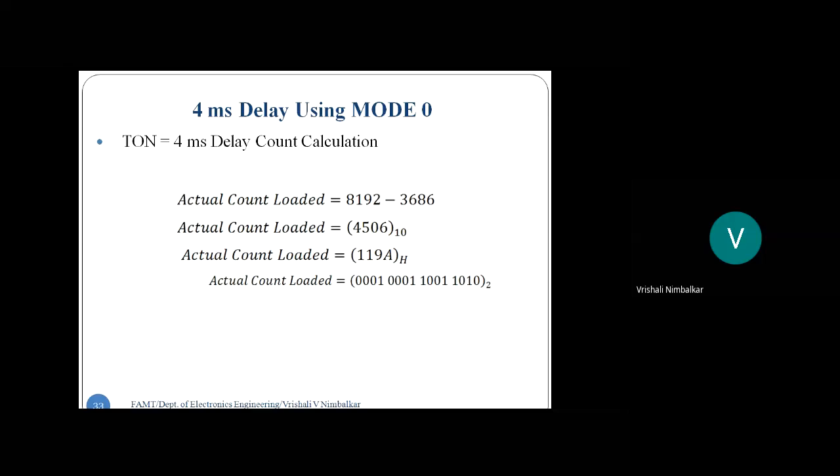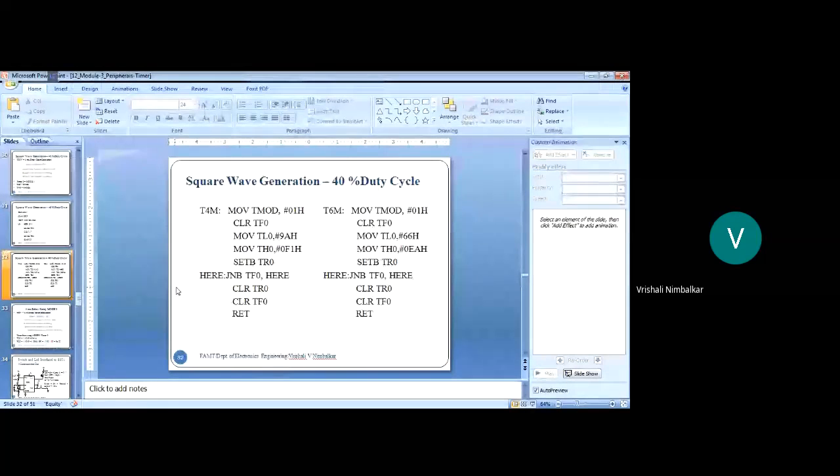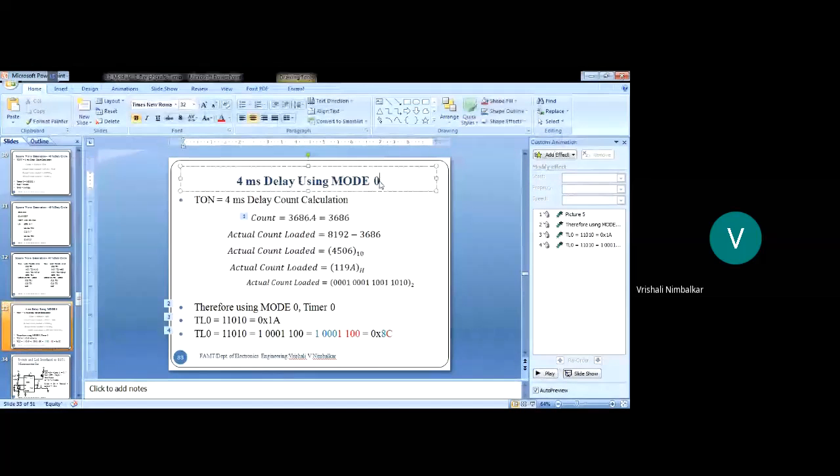Mode 0 is a 13-bit timer counter. Is that okay? So, just let me write it there. Mode 0 is 13-bit timer counter.